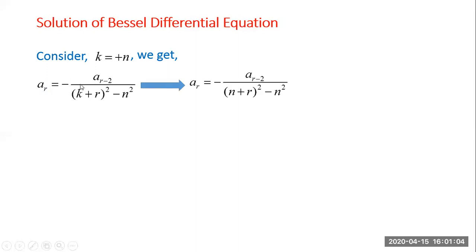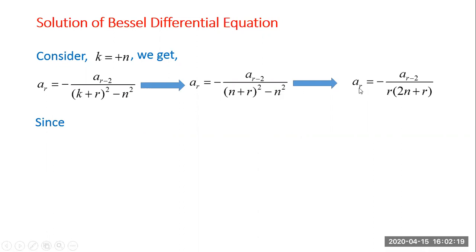So I get minus ar minus 2 divided by (n plus r) whole square minus n square. So by taking k is equal to n, we get (n plus r) whole square minus n square. Simplify this: (n plus r) whole square is n square plus 2nr plus r square. So n square gets cancelled. So we get 2nr plus r square, which is r into the bracket (2n plus r).